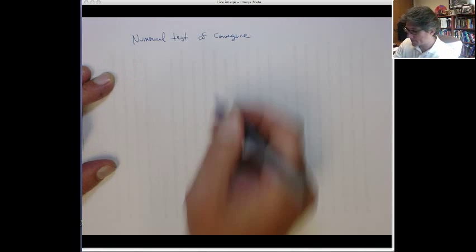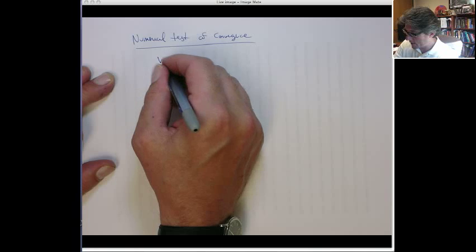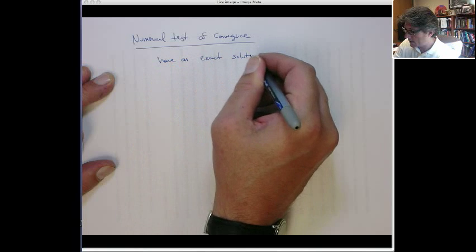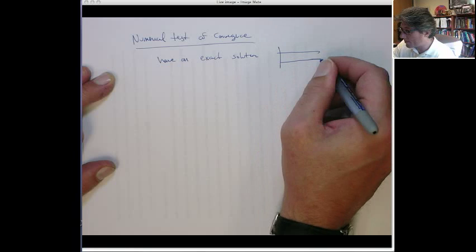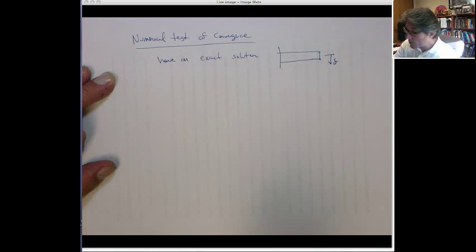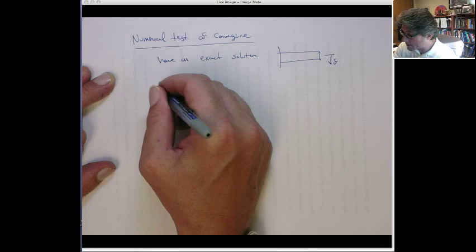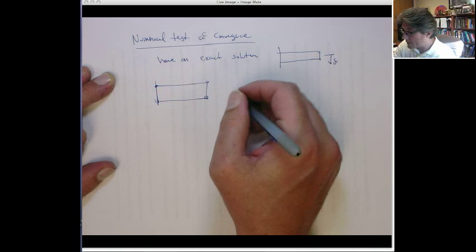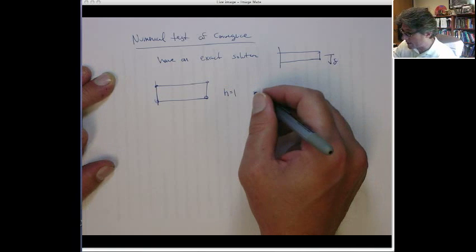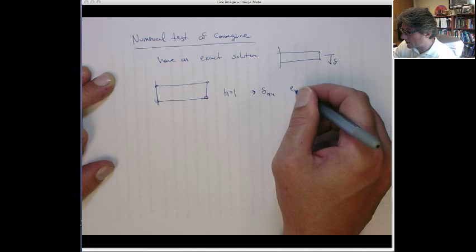So if you have some problem and you know an exact solution, let's say we have like a beam problem, and I know what the actual deflection is, right? So then I can start off with one element, let's say this is about h equal to 1. And then we can get the delta for h equal to 1. And then we can compute that error, okay?